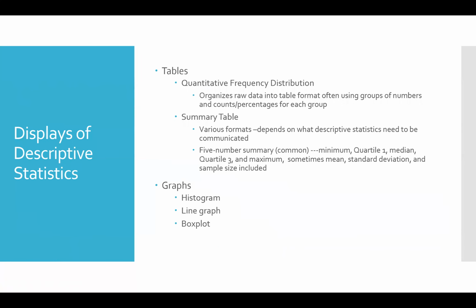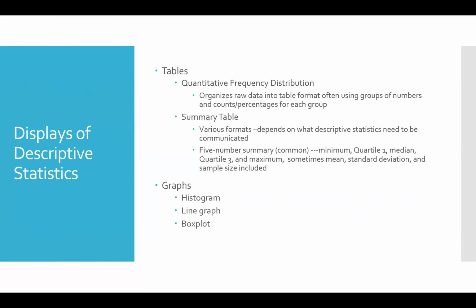Okay, so there are different ways to display the descriptive statistics. We can create tables. We can do a quantitative frequency distribution, which organizes the raw data and gives us an idea of how many are within each group or category. We can use various types of tables.